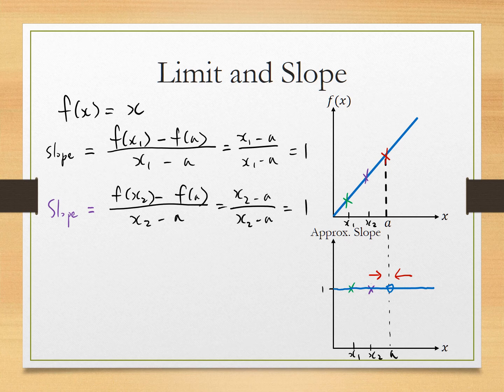So if you look at this function that represents the approximated slope, the reasonable conclusion is that the function is approaching 1 at A, even though you can't calculate that with the two-point formula.